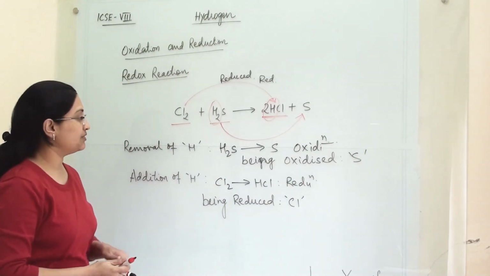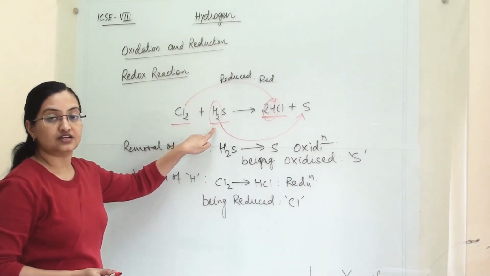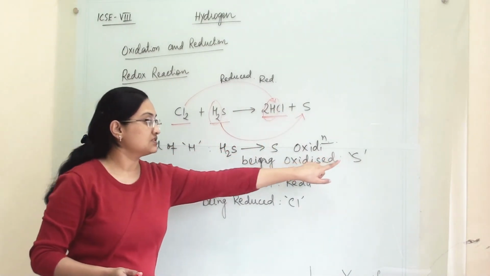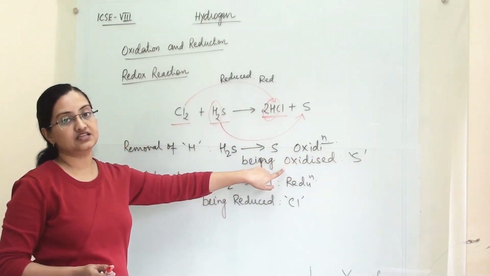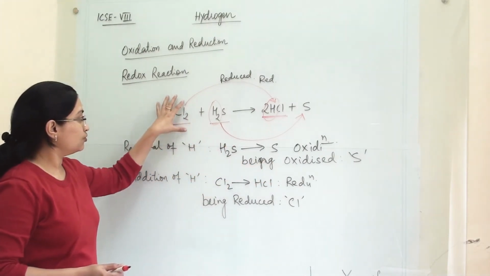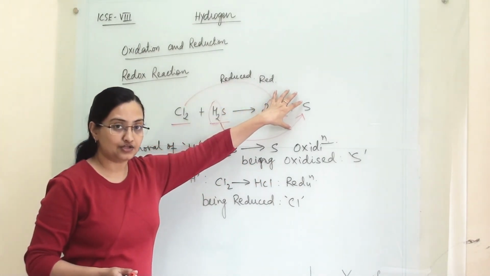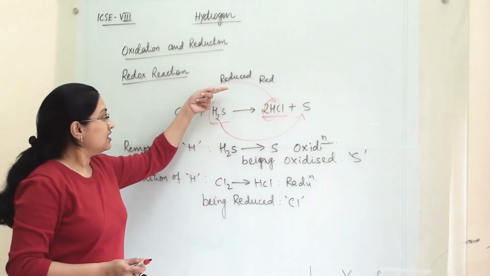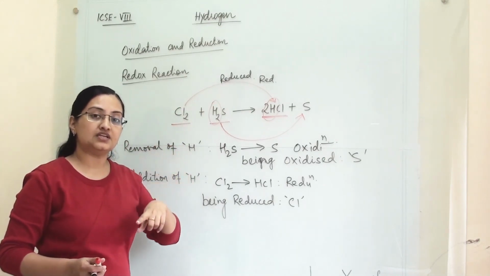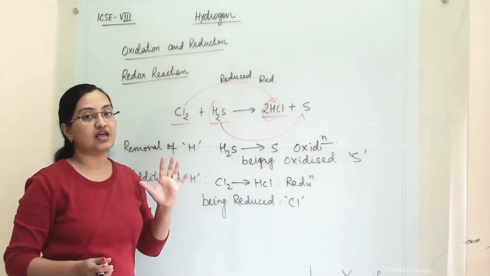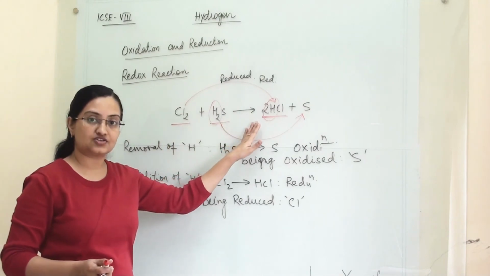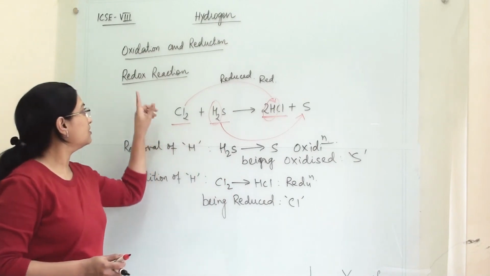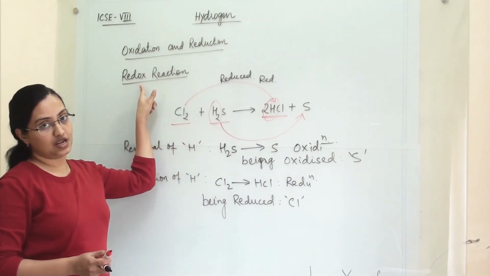Then sulfur, because hydrogen earlier was with sulfur and after that it is not. So sulfur is being oxidized in this reaction. So chlorine is getting reduced and sulfur is getting oxidized. So when one is getting reduced and other one is oxidized, both things will happen simultaneously in one reaction, then it is termed as oxidation-reduction reaction, or it is termed as redox reaction.